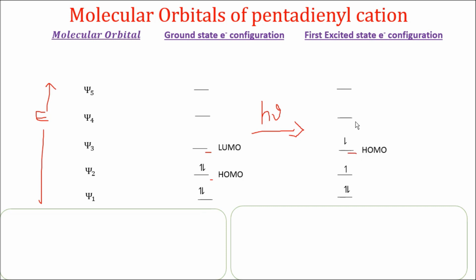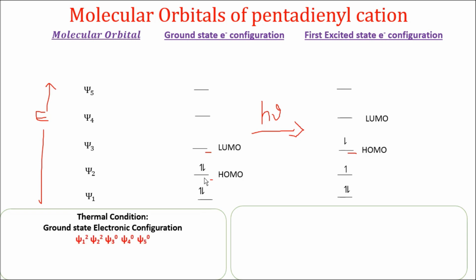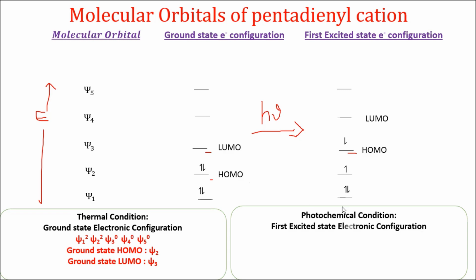Psi4 is the lowest energy orbital without electrons, so it becomes LUMO. The thermal condition electronic configuration is psi1 2, psi2 2, psi3 0, psi4 0, psi5 0. In the ground state, HOMO is psi2 and LUMO is psi3. The photochemical condition electronic configuration is psi1 2, psi2 1, psi3 1, psi4 0, psi5 0. In the first excited state, HOMO is psi3 and LUMO is psi4.